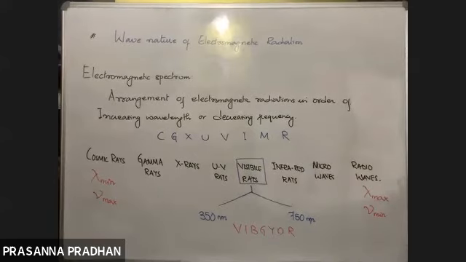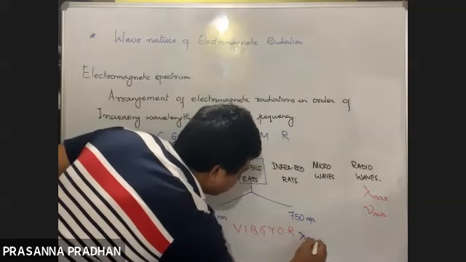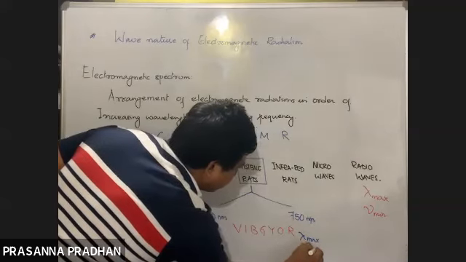Out of these 7 colors, which has the maximum wavelength? Red. It has the maximum wavelength or minimum frequency. And violet has the minimum wavelength or maximum frequency.